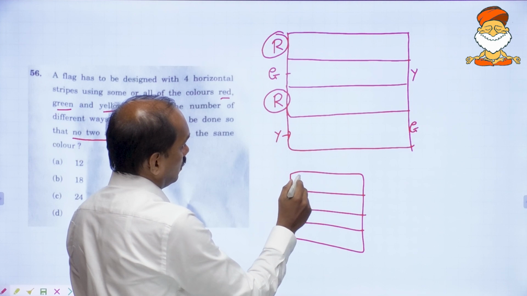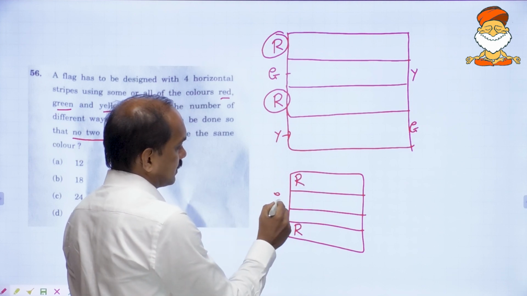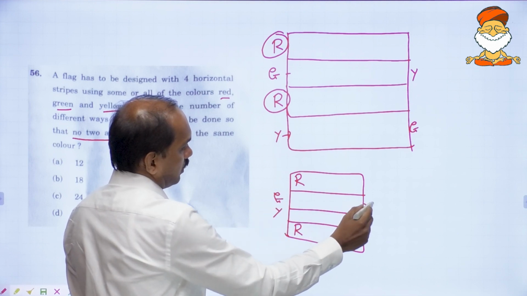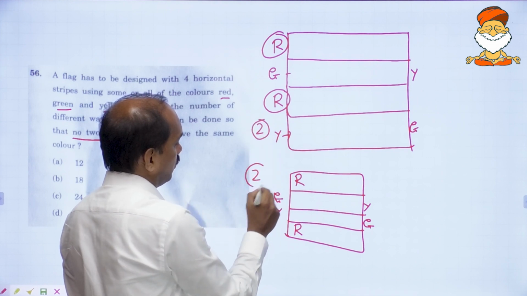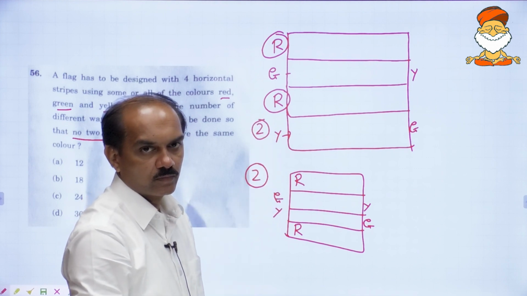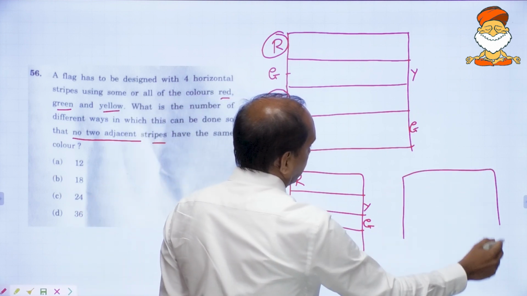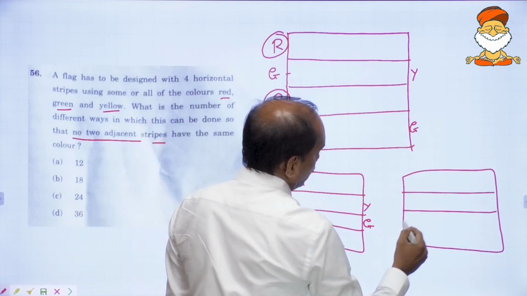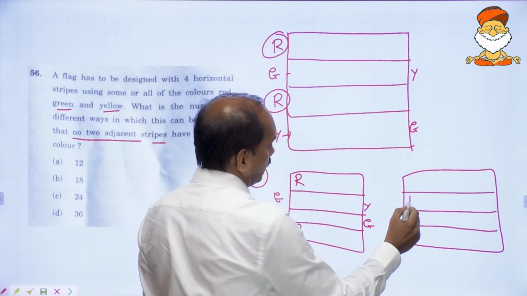Next time what you can do is put red here and here, again the same thing, green, yellow, yellow, green, again 2. These two, 4 are over. Now, you can go for coloring red in these two stripes.